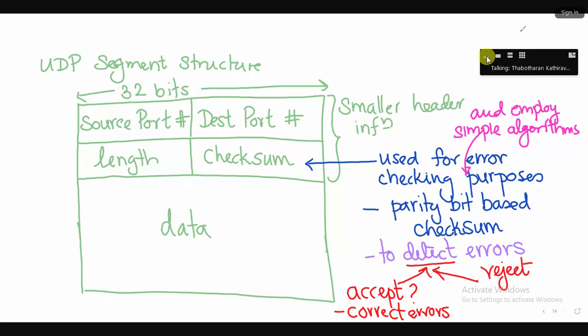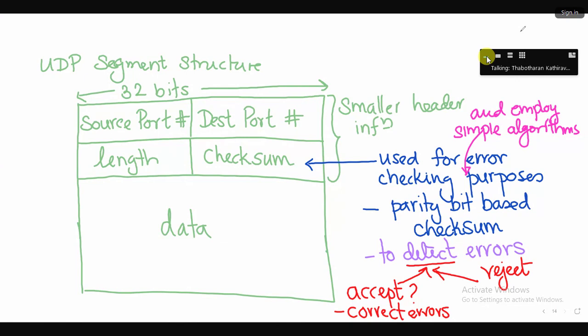In addition to that, the internet protocol layer at layer 3 is also going to have some sort of smaller error checking, but that is also not very well designed error checking.